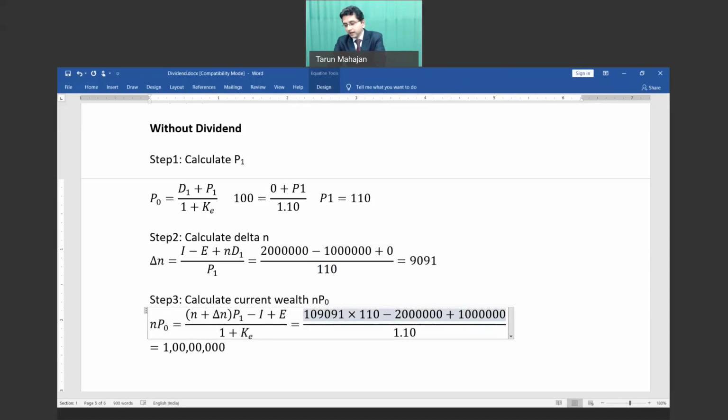Okay, then 1,09,091 into 110 minus 20 lakhs. Now this will also give you the same figure, 1 crore rupees.